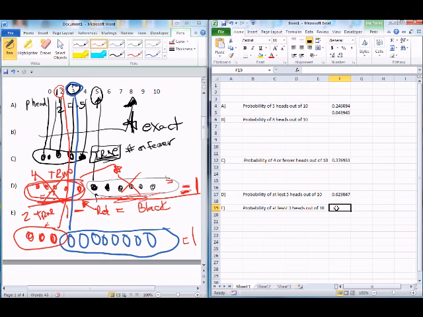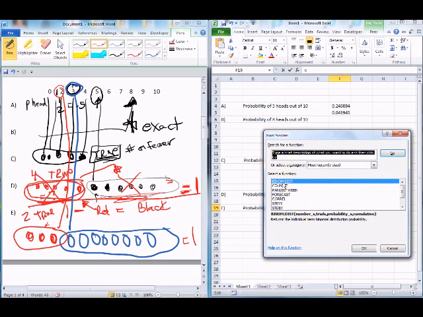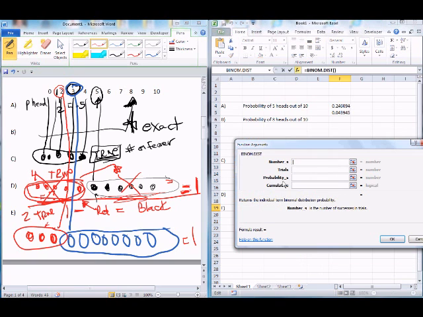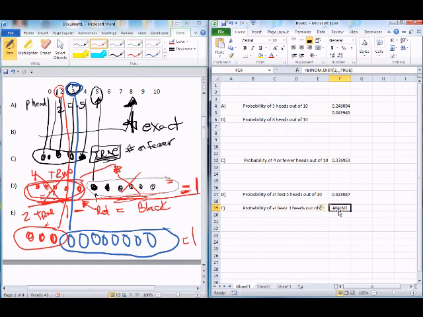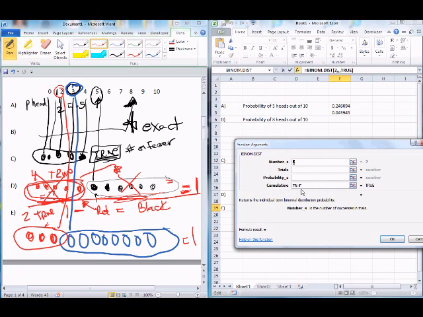So we're going to do 2 and true. I use my function, binomial distribution. We want to do 2 and true. That's going to tell us the probability of 2 or fewer. Oh, I'm not done there. What happened? I hit enter by accident. Okay, there are 10 trials.